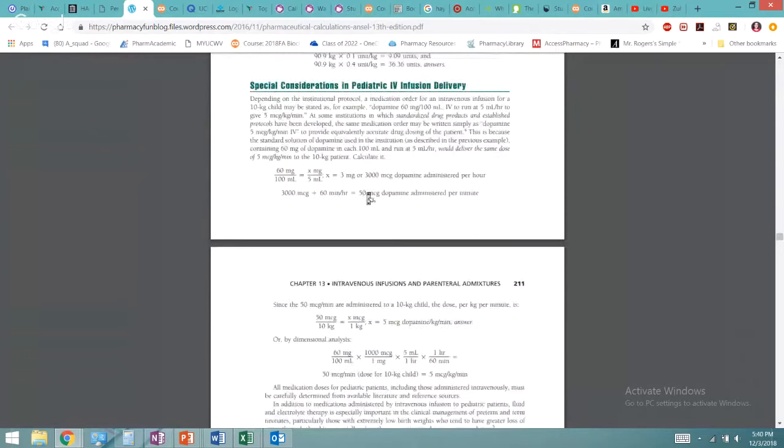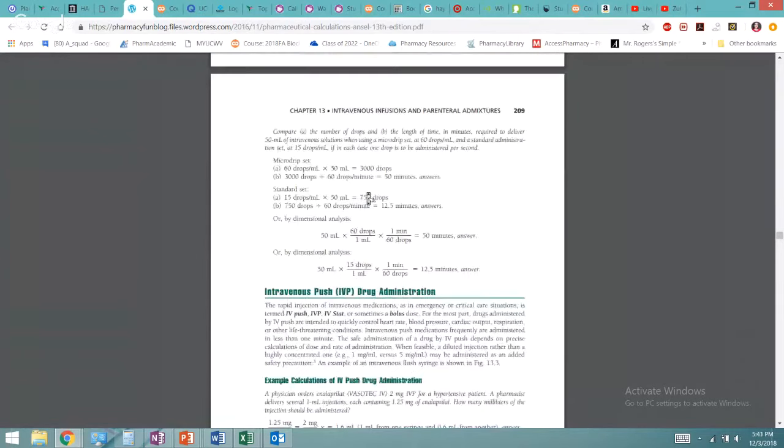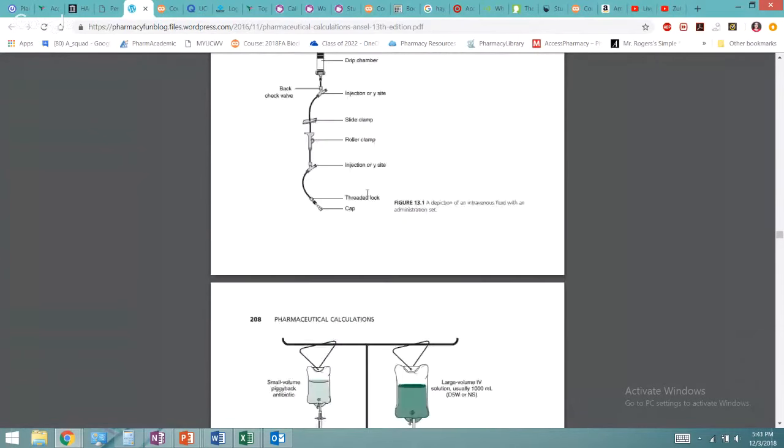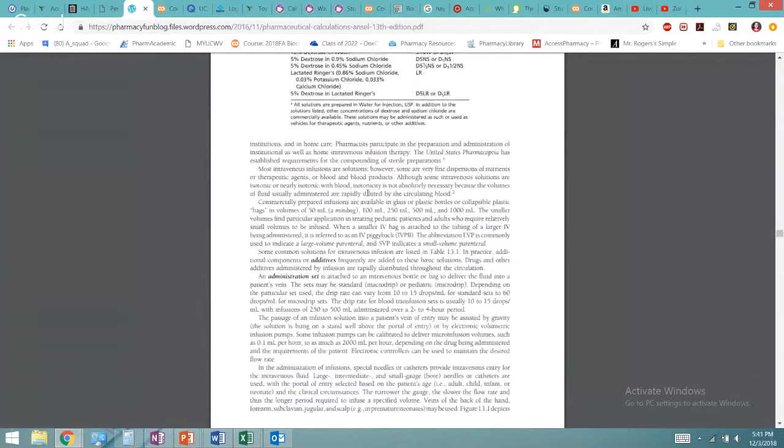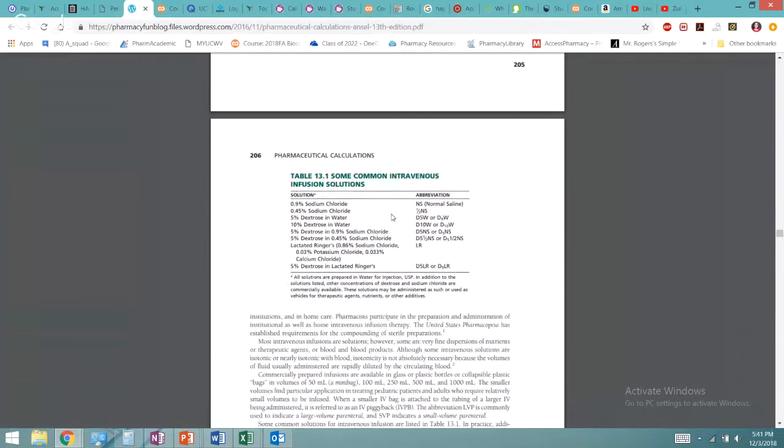So in chapter 13, there's a table, if I can find it. Here it is. So this has all of the standard set solutions right here. And this is the one that we're looking at, this lactated ringers with 5% in it. So D5LR.